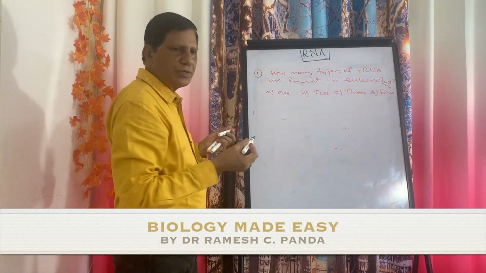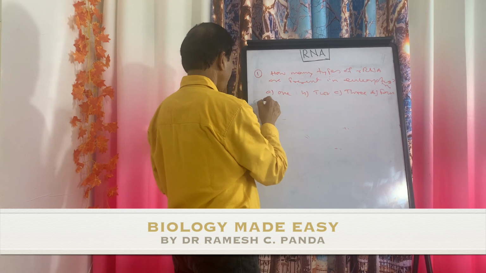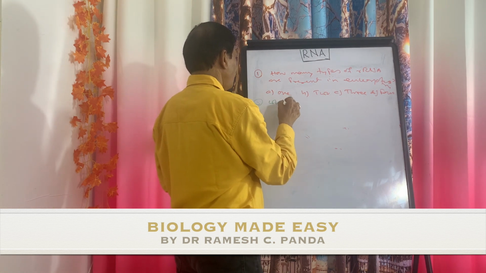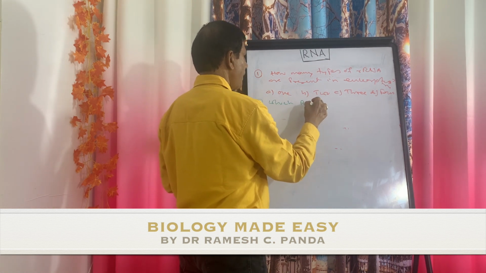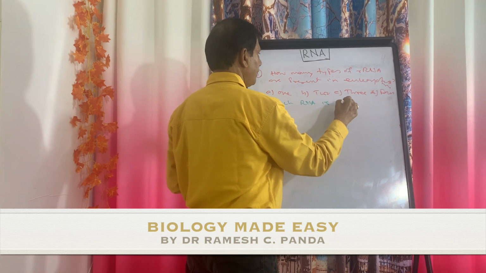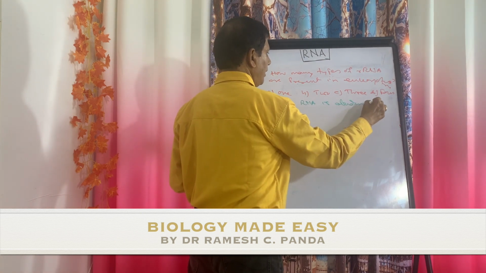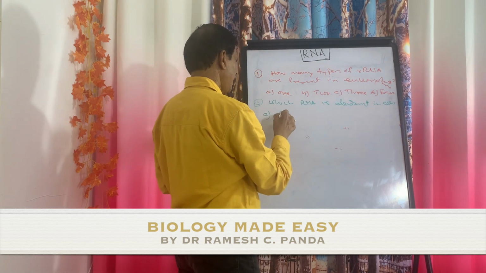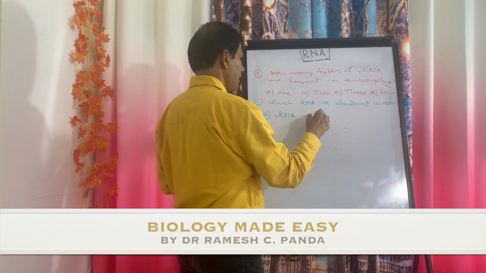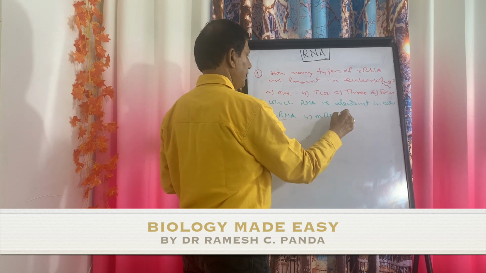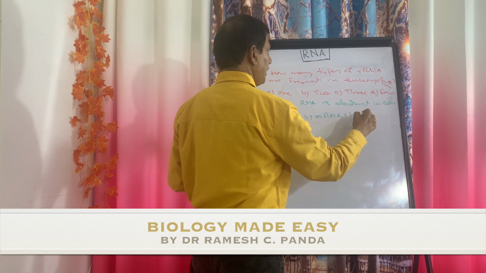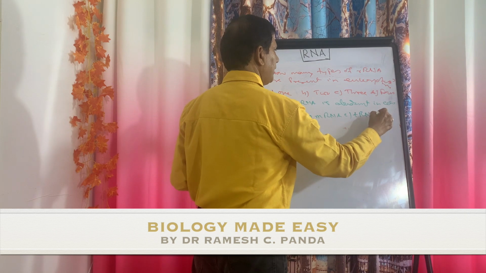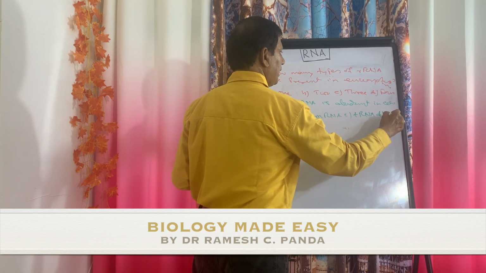Then the second question: which RNA is abundant in the cell? A choice rRNA, B choice mRNA, C choice tRNA, D choice snRNA.